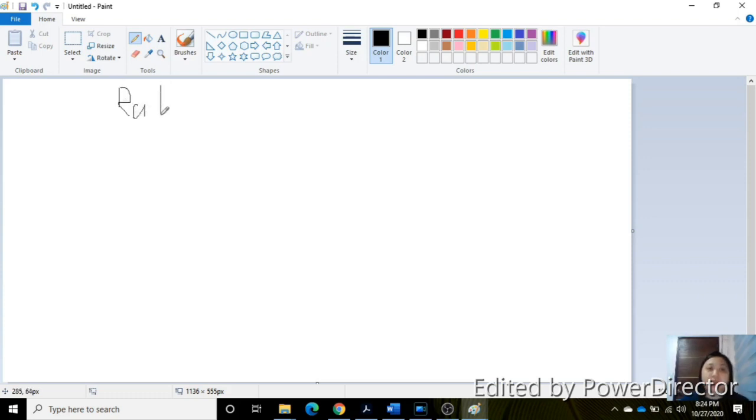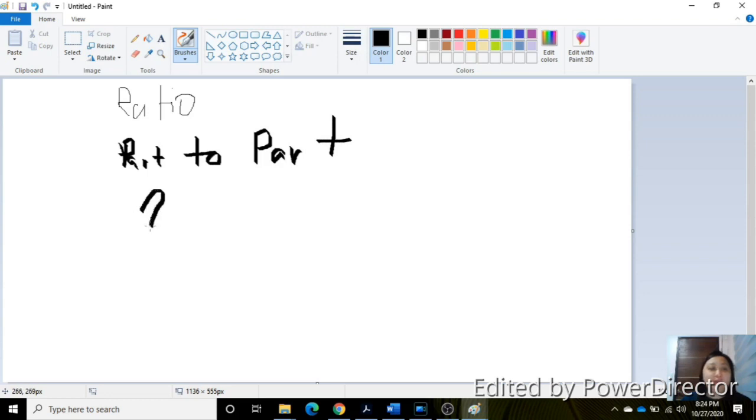Kung part to part ang ratio natin, meron tayong 20 is to 25.